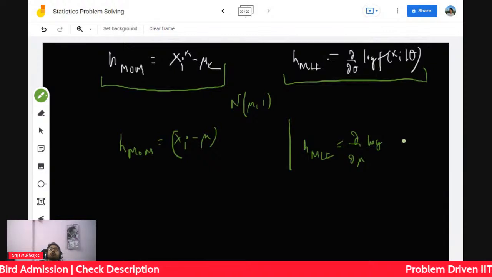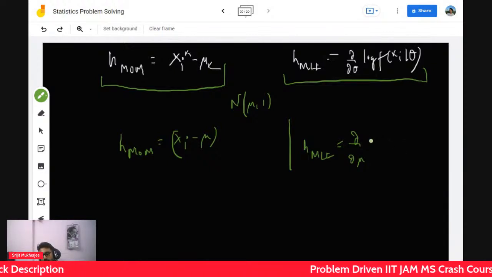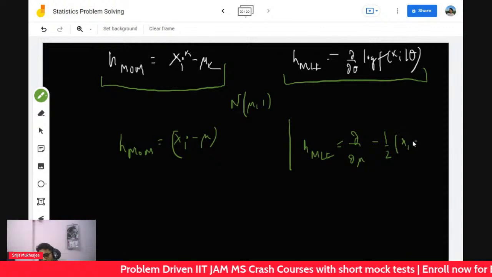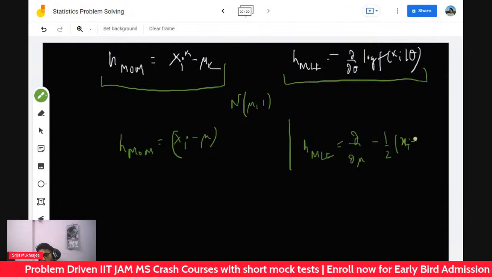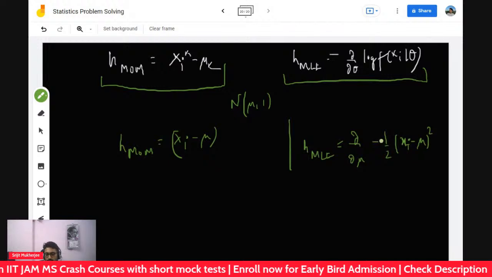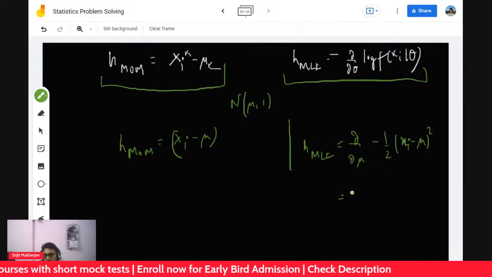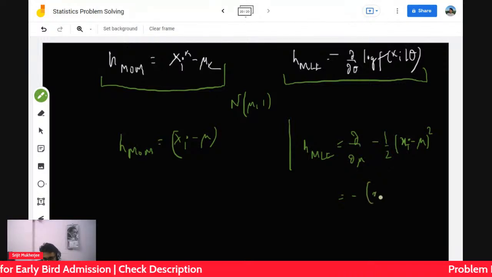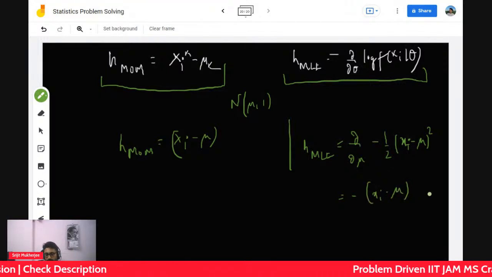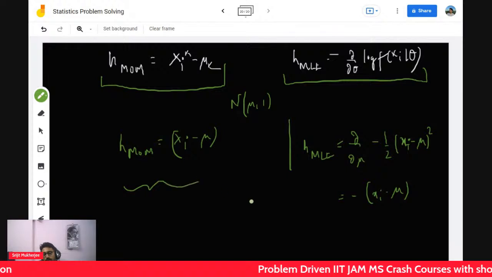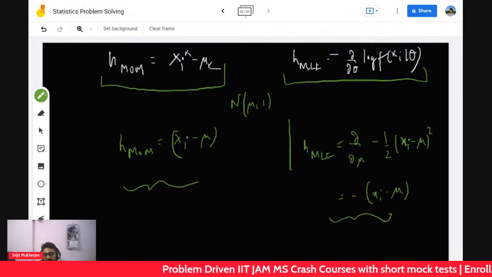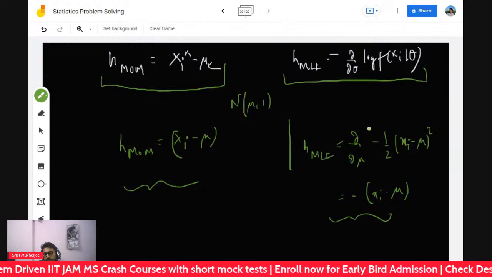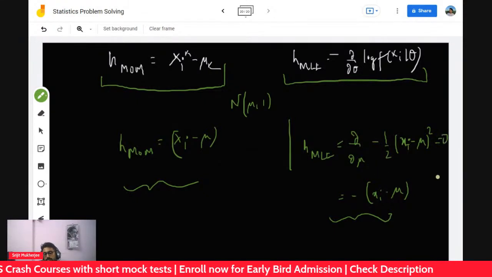If you take the log of that, it's minus half xi minus mu whole square. Now if you do the derivative, you will get minus xi minus mu, which is equal to 0. Therefore, both of them are leading to the same estimate because the h are the same.